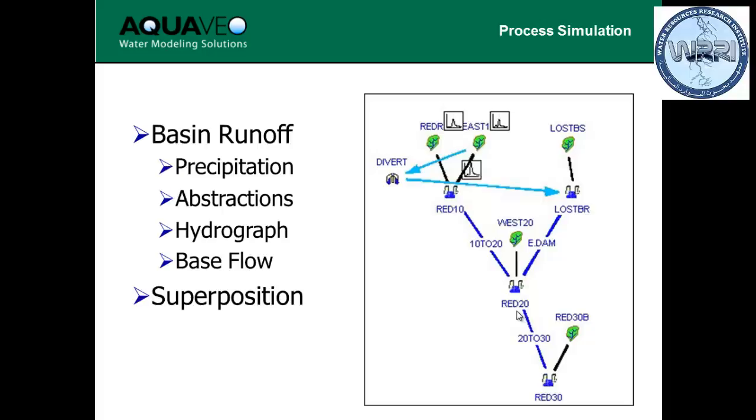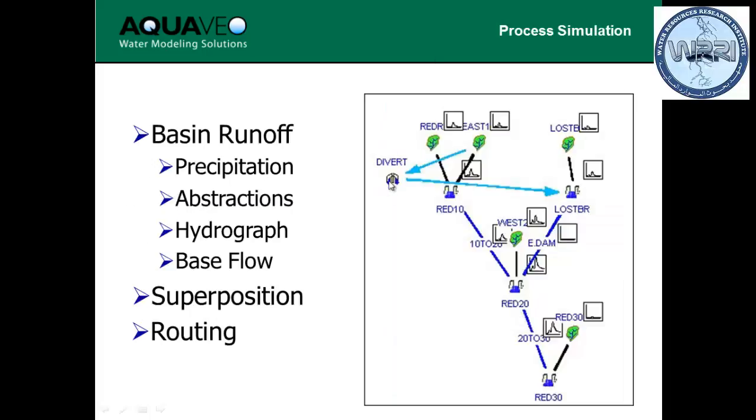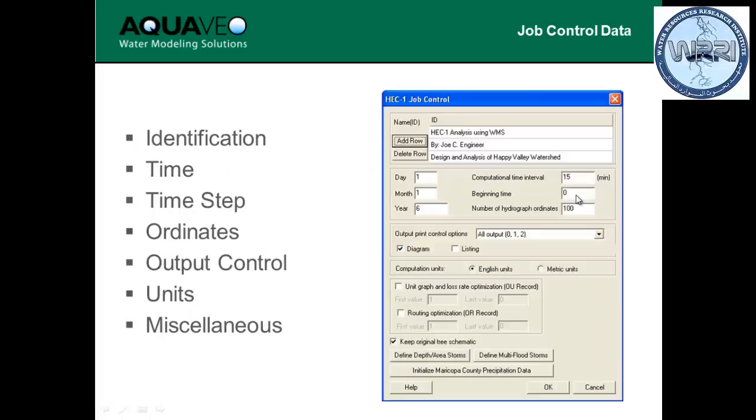I can model combining the basin runoff at combination points, we call them. And then I can model stream routing and different things. Another thing I can do in HEC1 is water diversions.